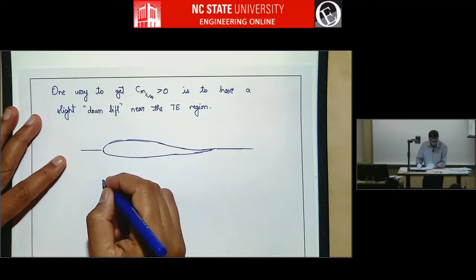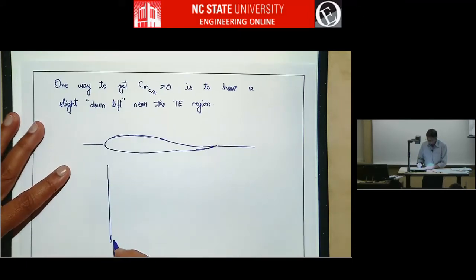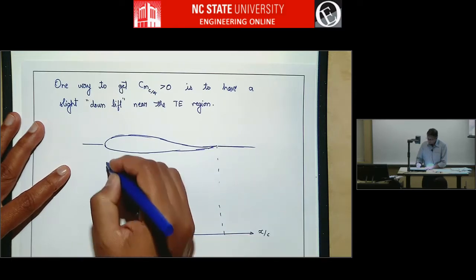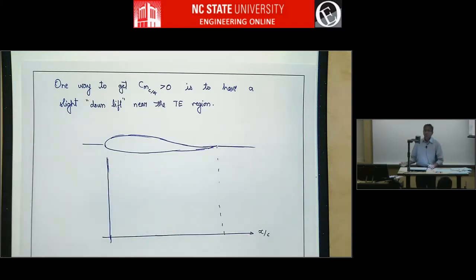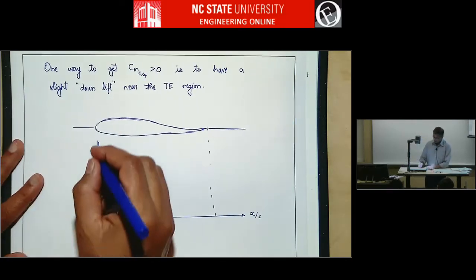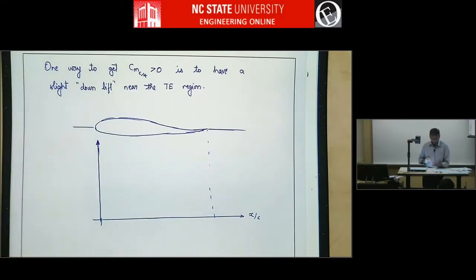And if you draw the CP distribution, we're going to try to connect as many things as possible to CP or velocity distribution. That way we can start interpreting what these CP distributions do and talk about what that will mean for the airfoil characteristics.